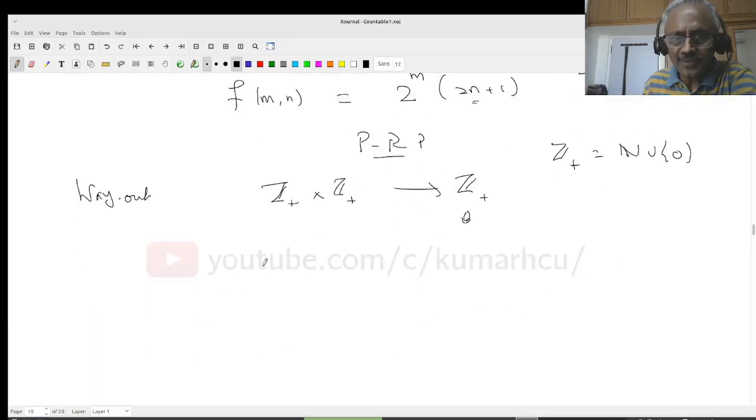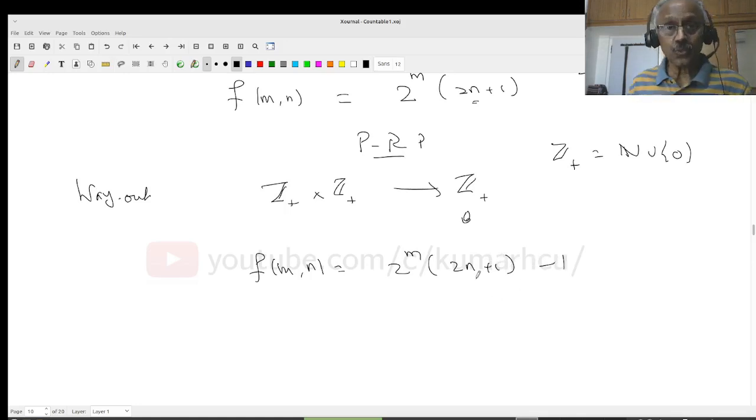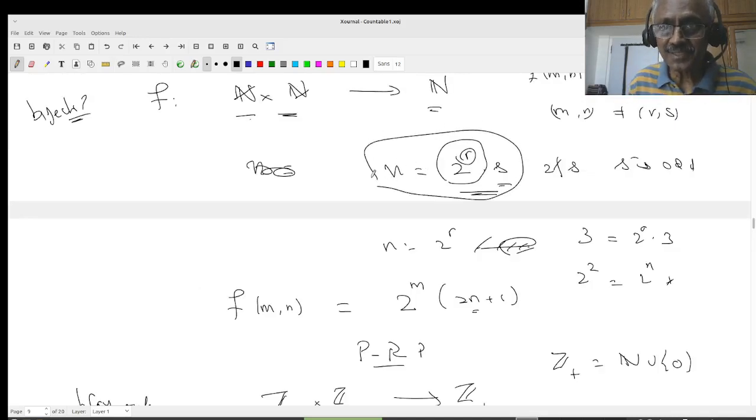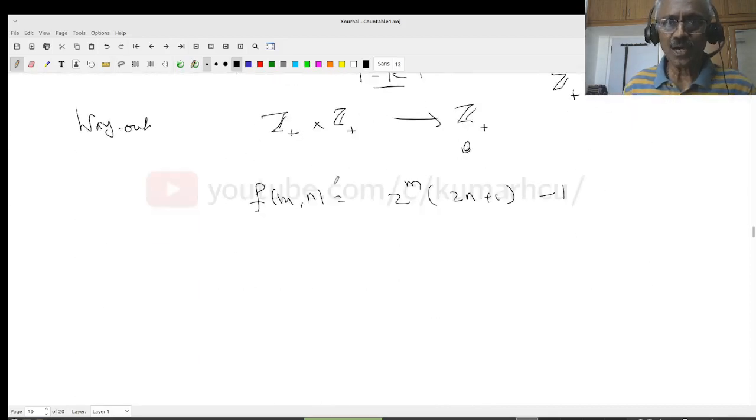So again, I want to get 0, so I will modify it to 2 to the power m into (2n plus 1) minus 1. I do not know whether it's going to work or not. The trick is, I understood this observation, so I want to exploit it to get a bijection. Still I do not know whether it will work.